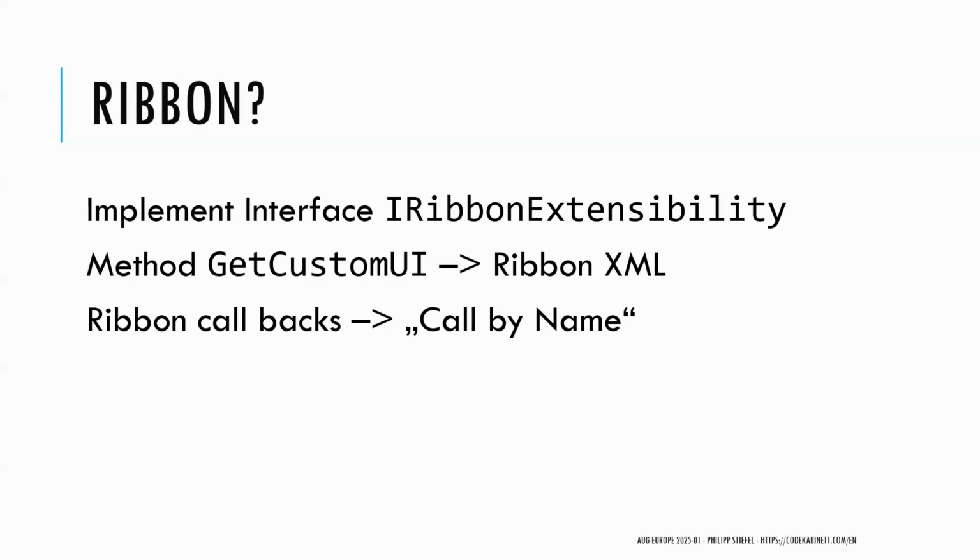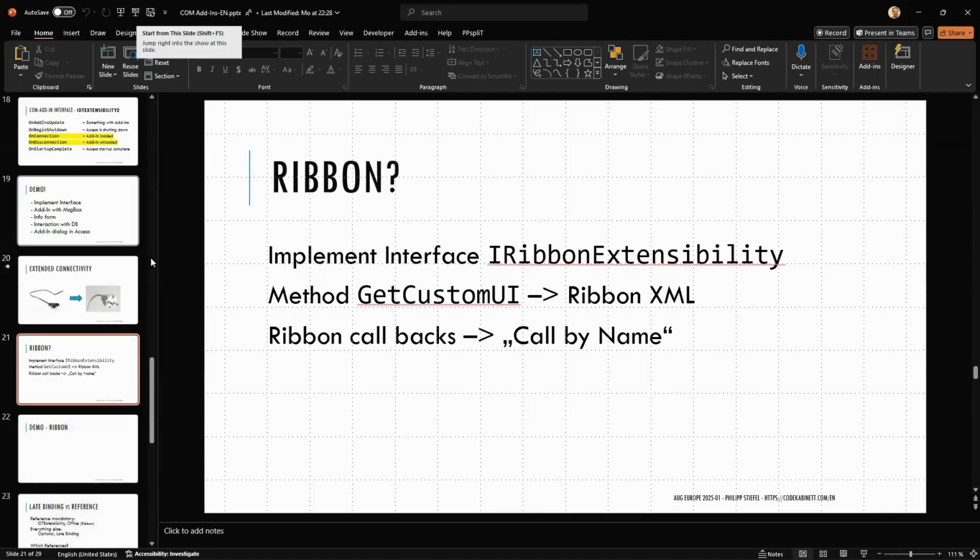The XML standard that is used here must be exactly the same. And the ribbon callbacks will just be invoked, as you probably know from creating your custom ribbon, and they will just use call by name resolution of the methods that are used there. Okay, now for the demo.